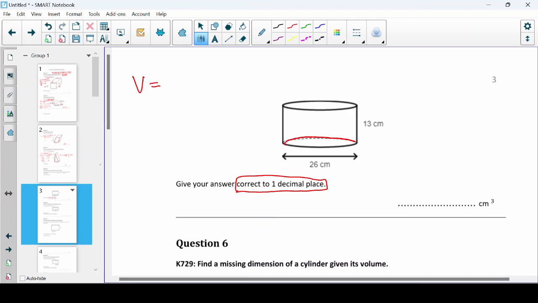The base is a circle, and we already know that the area of a circle is pi times r square. If the diameter of this whole length is 26, that means the radius of this circle is 13.